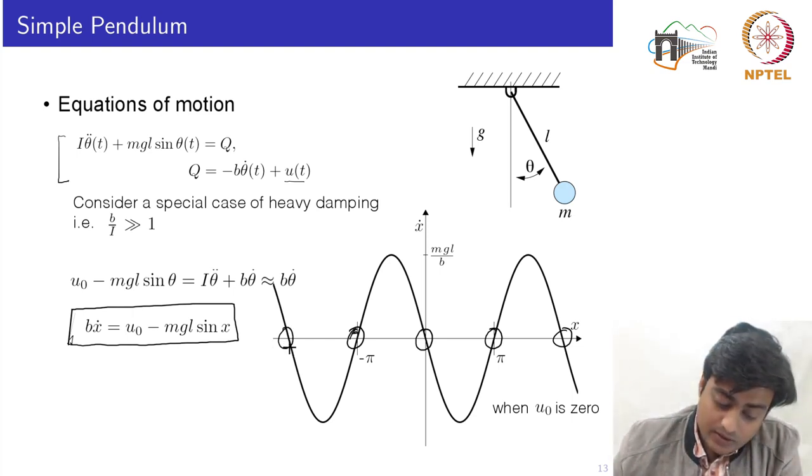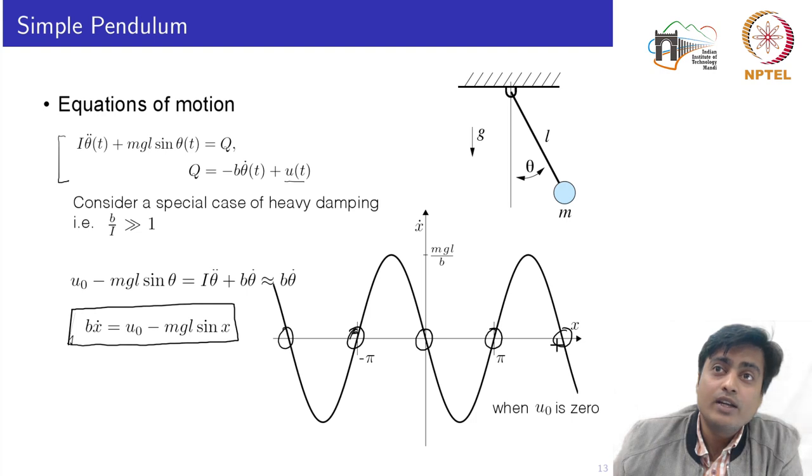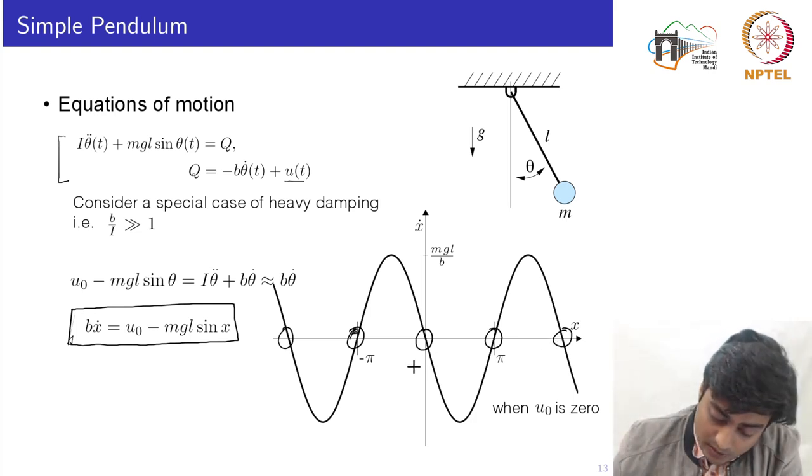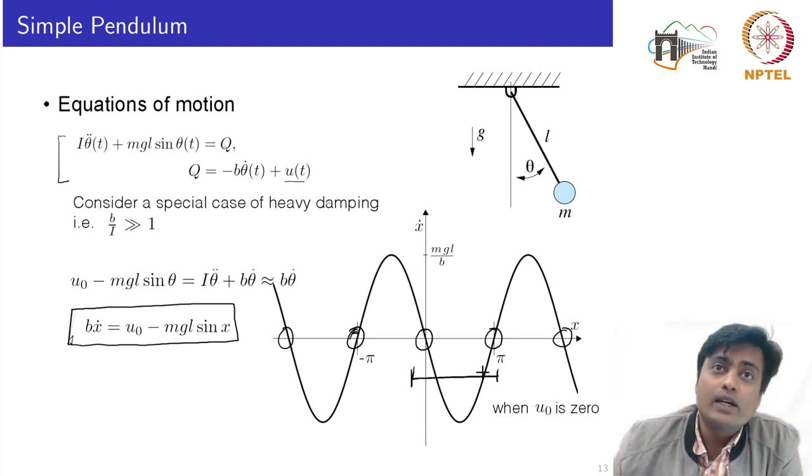So we are interested in seeing the stability of these steady states or the equilibrium points. Let's say we want to limit our time interval within which we want to do the analysis, let's say it is given by 0 to pi.